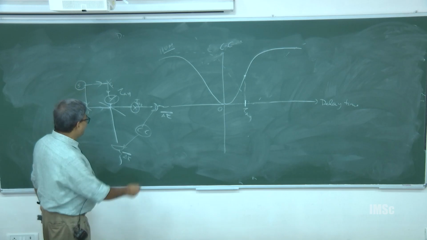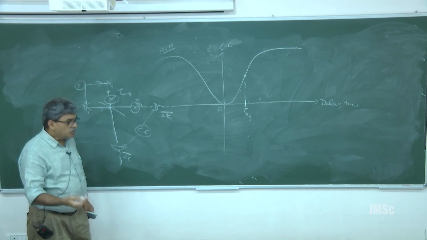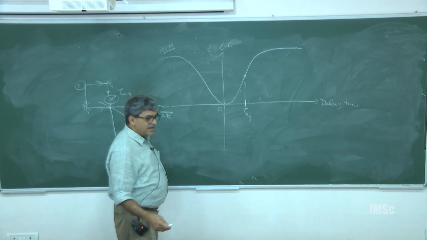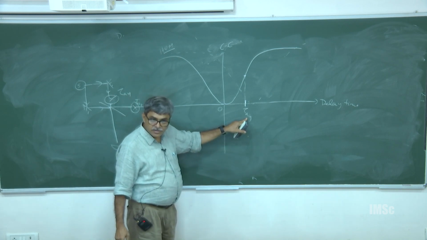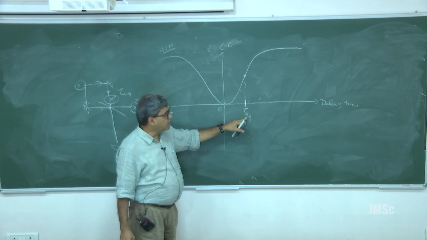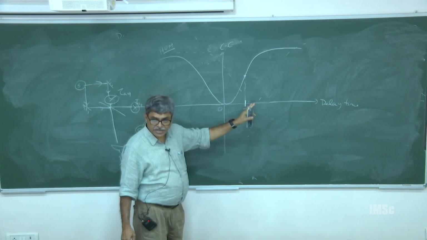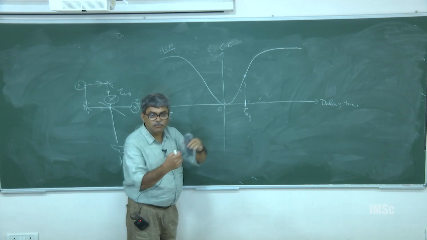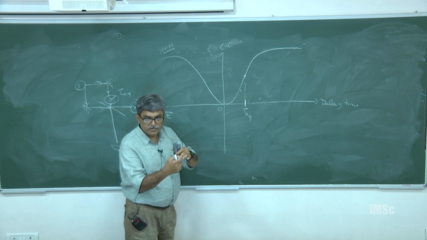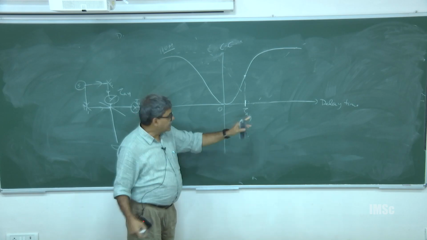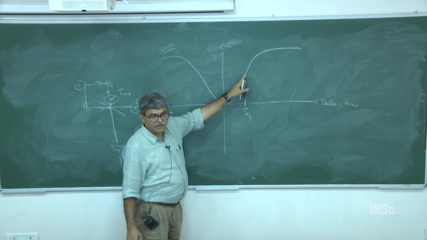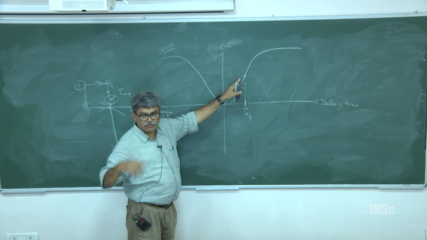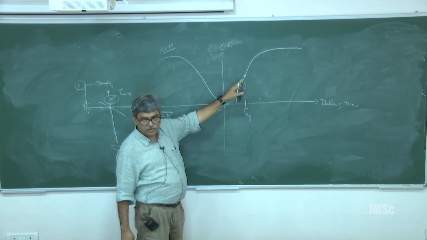Now, if we put this delay also, I can take this as my origin, so it will get shifted here. So, at this time delay you get a coincidence. It may not be 100% coincidence, but you have some coincidence count.